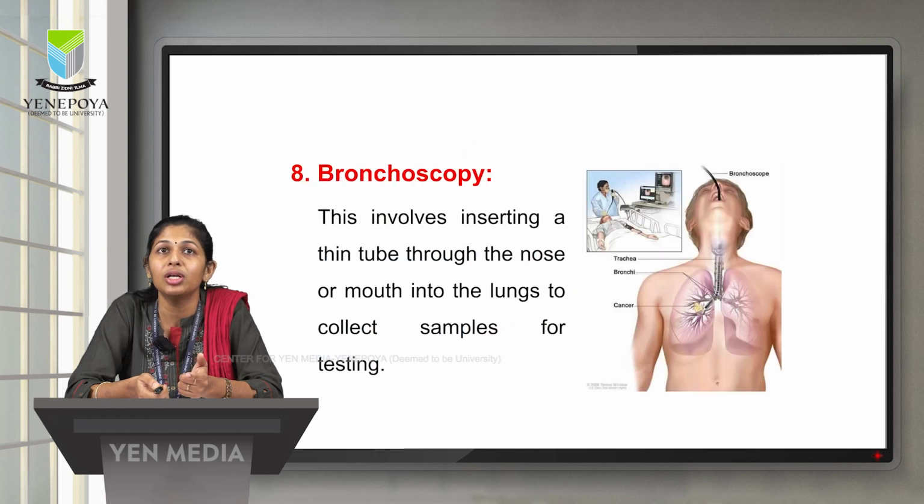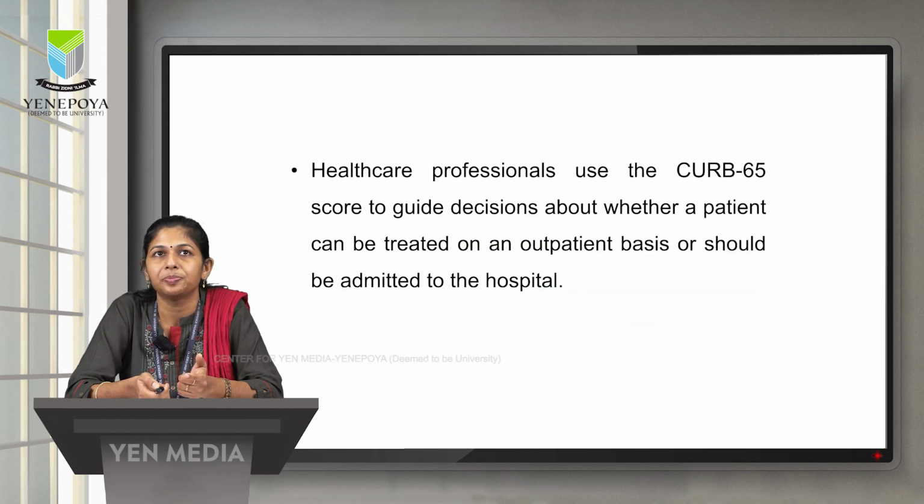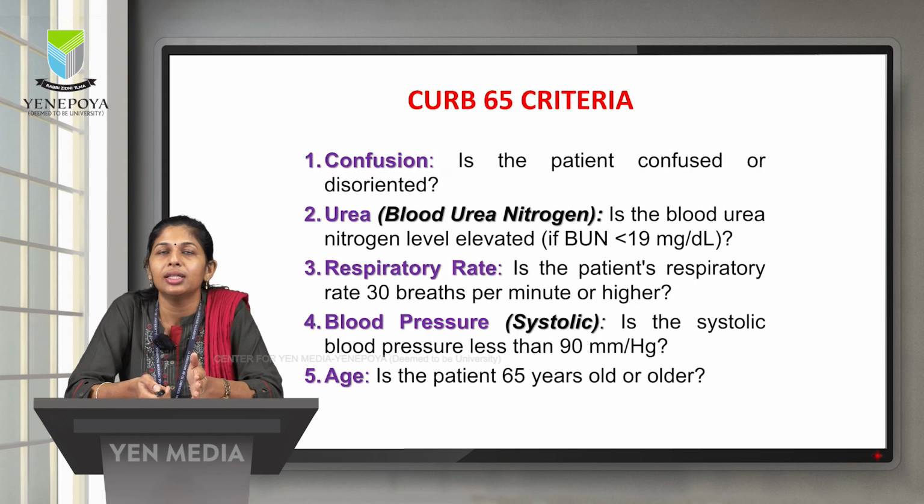Healthcare professionals use the CURB-65 score to guide the decision about whether the patient can be treated as OP or IP.